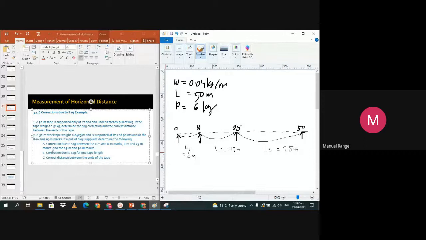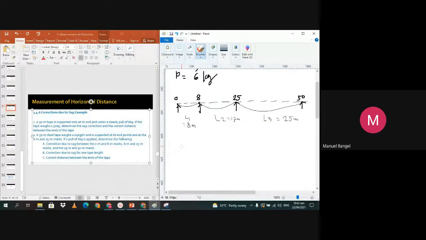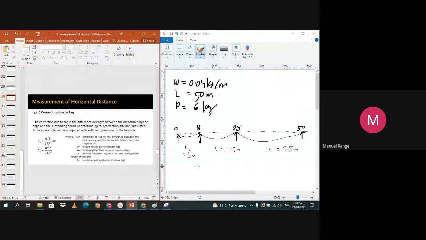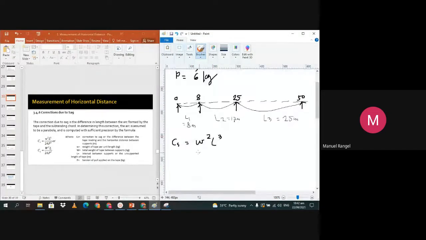For question letter A, determine the corrections due to sag between each length. So isa-isa kuhaonin ang corrections due to sag, using equation number 2. So that is CS is equal to small w squared L cubed over 24 P squared.